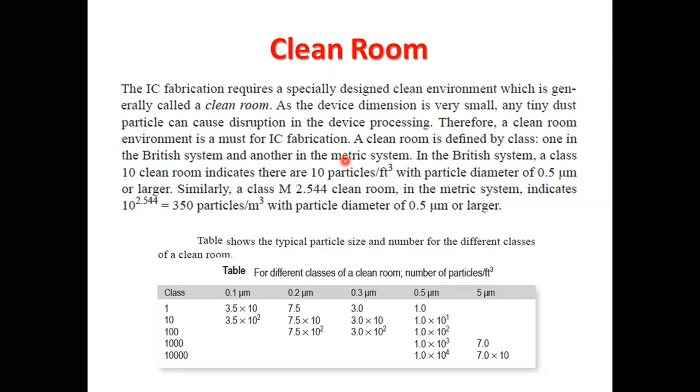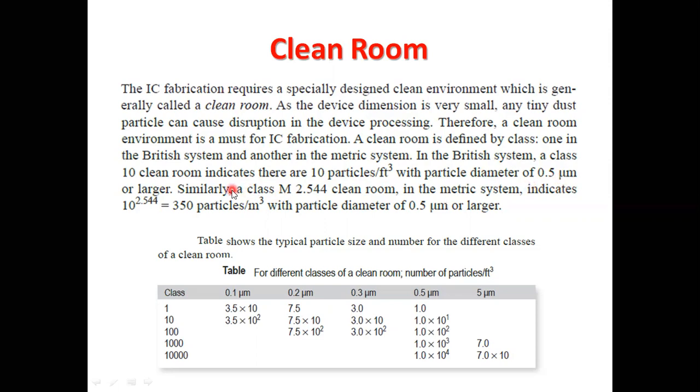Now in the British system, a class 10 clean room indicates that there are 10 particles per cubic foot with particle diameter of 0.5 micrometer or larger.